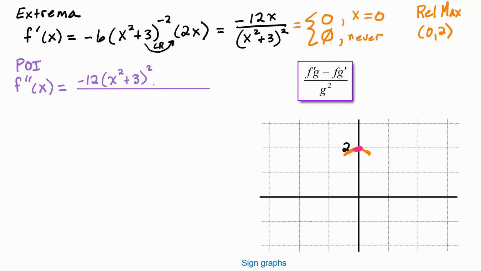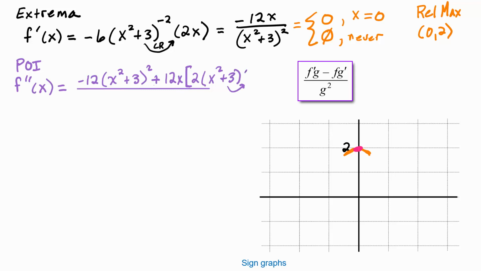Then we will subtract the numerator, negative 12x, so that becomes plus 12x, times the derivative of the denominator, which we're going to need the chain rule, so that will be 2 times x squared plus 3 to the 1.